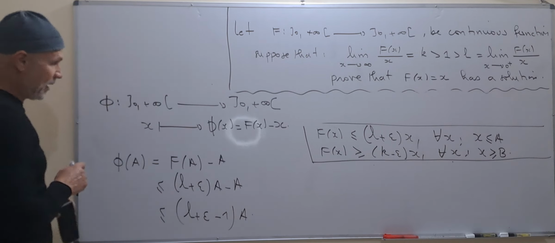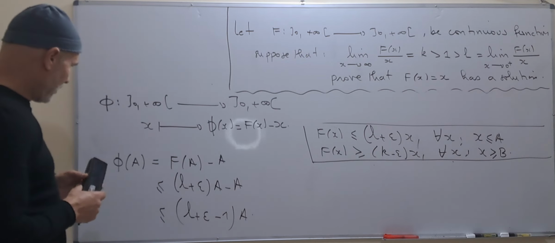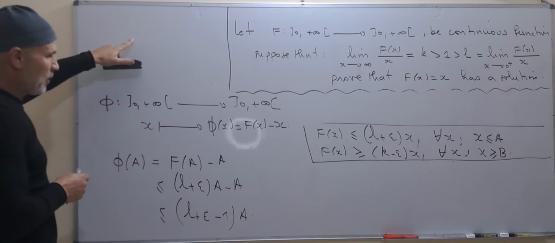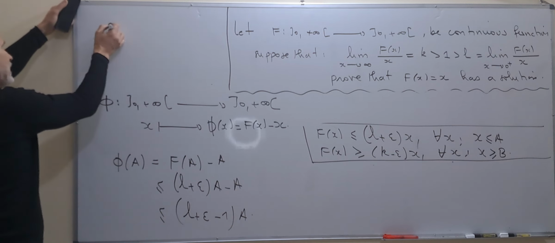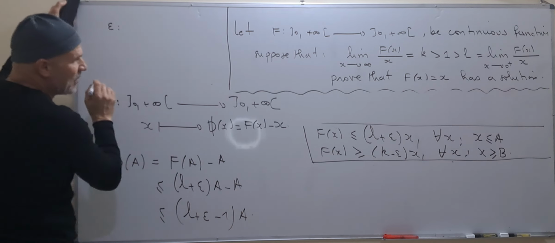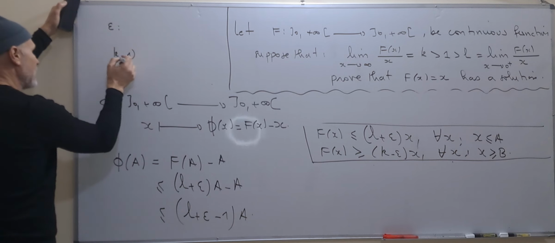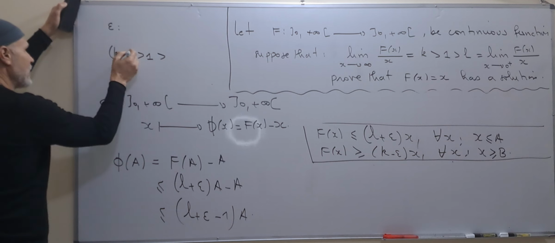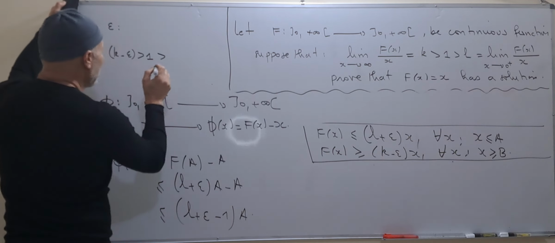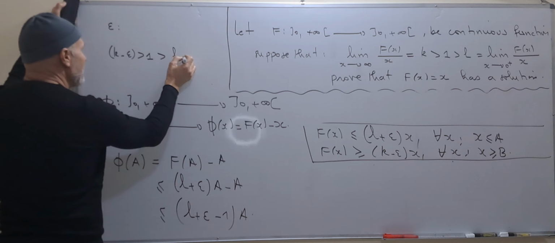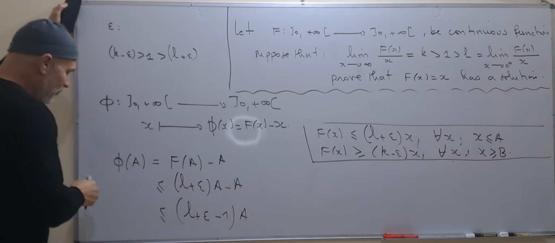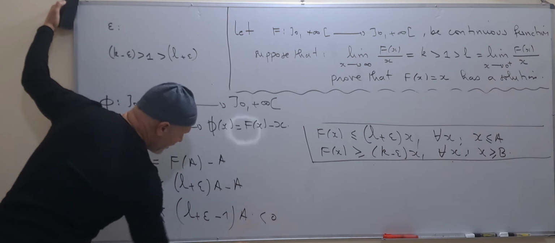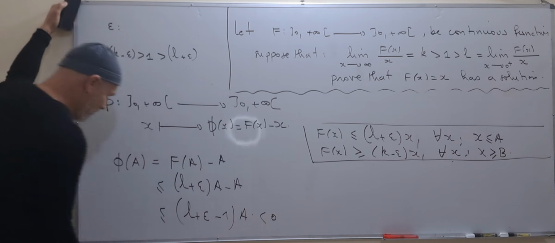A is positive. But here, we said that we take epsilon such that k minus epsilon is still greater than 1, and 1 is still greater than L plus epsilon. This means that this is less than 0.